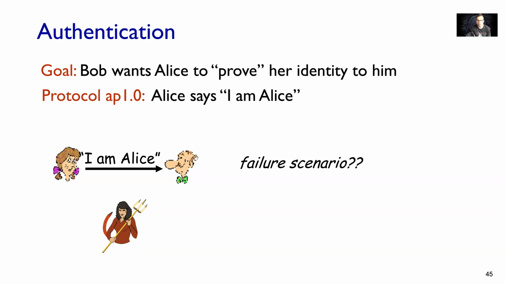Okay, so let's start building towards a workable solution. So here we'll walk through a series of protocols, and as you'll see, the first few protocols I'll show you will have obvious holes, and then we'll try to plug those holes as we move forward. So in this first protocol, we are saying that Alice sends a message saying, I'm Alice, and then the assumption is Bob believes that this is indeed coming from Alice.